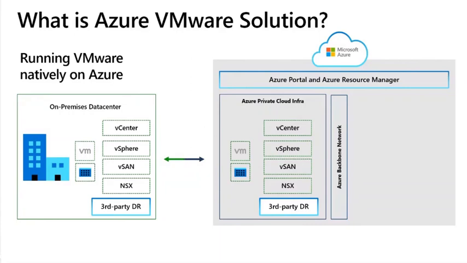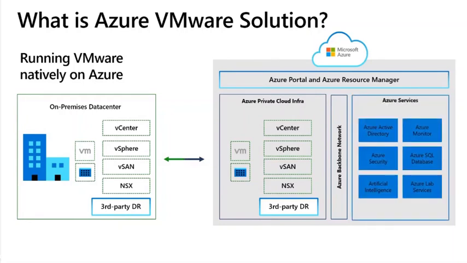So vCenter, vSphere, vSAN, NSX, and any other third-party DR solutions that you may have to fail over or to protect your workloads in Azure. However, once you've got this, you can then connect them to native Azure services.